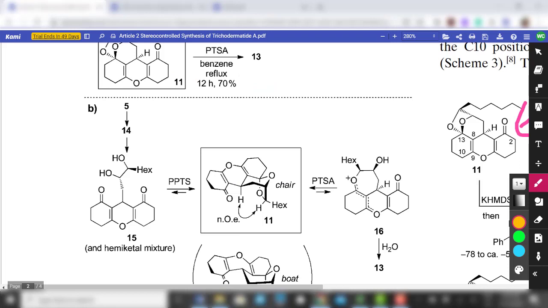From 15 to 11, it seems a bit complicated, but if we label the carbons, it will be a lot easier. So let me number this as 1, 2, 3, and 4 over here. If you take a look at this particular numbering, I hope it helps a bit.